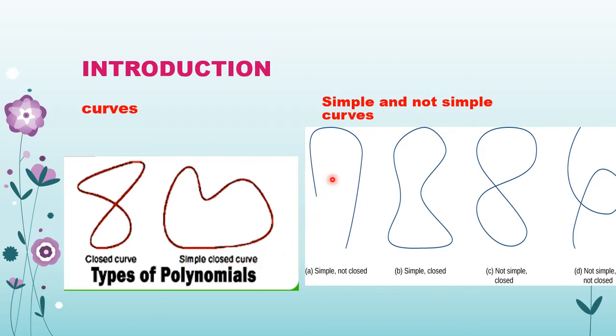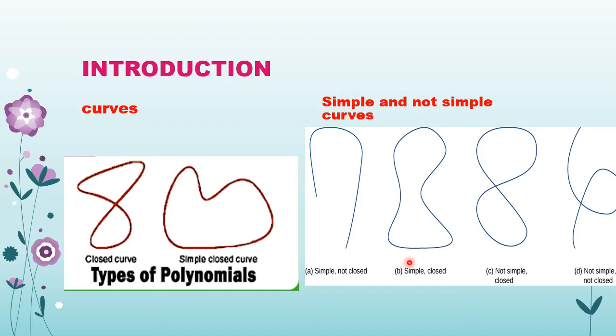But here, if an ant enters this loop from this end, it can move out of the loop from the other end. Why? Because it is open. Such curves are called not closed but simple. Why simple? Here the loop is not crossing itself. No crossings are there.